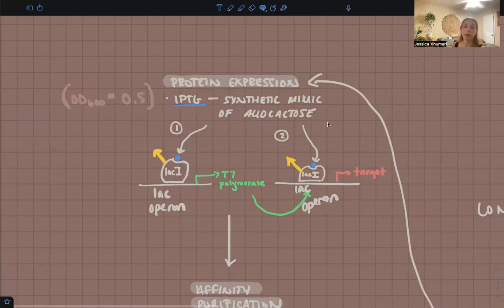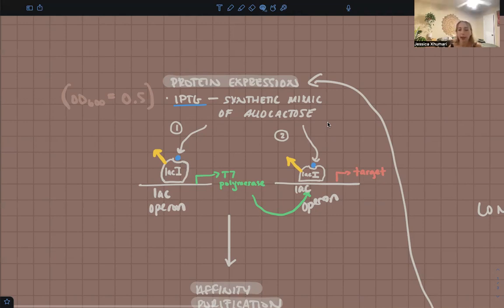So let me clarify this here, okay? IPTG, again, is a synthetic mimic of allolactose. Allolactose binds to the LAC-I repressor and inhibits it from repressing any longer, okay? So IPTG acts on the T7 polymerase gene as well as our target gene.